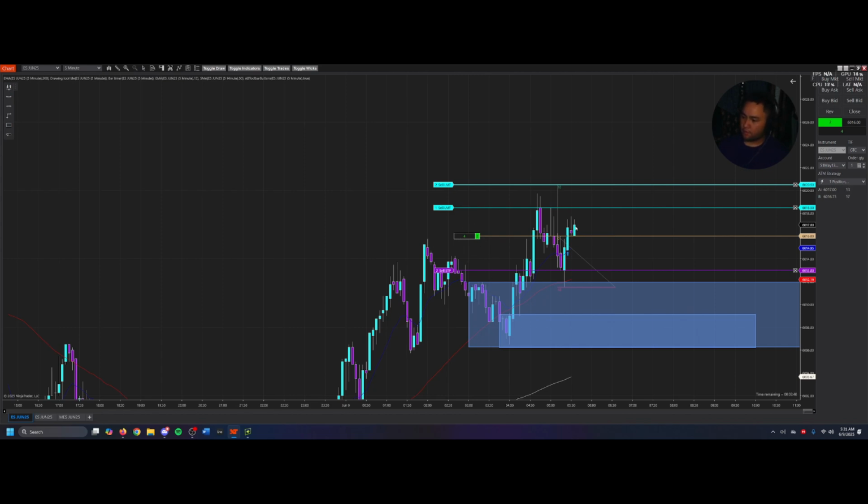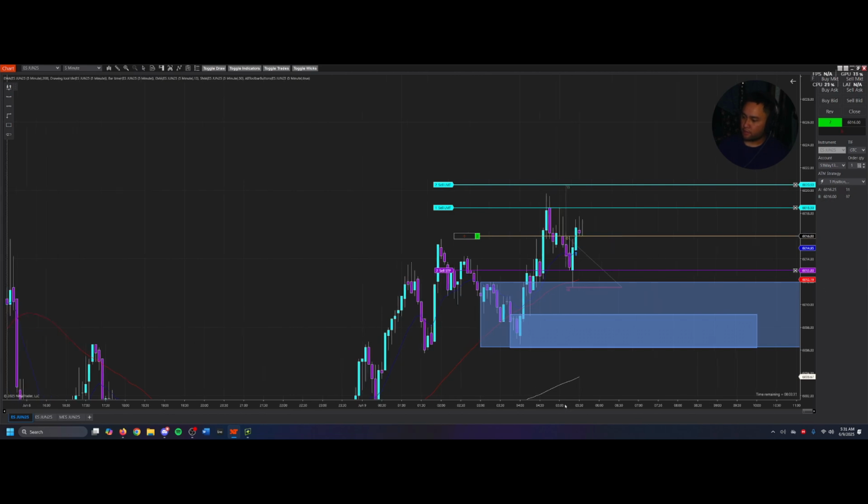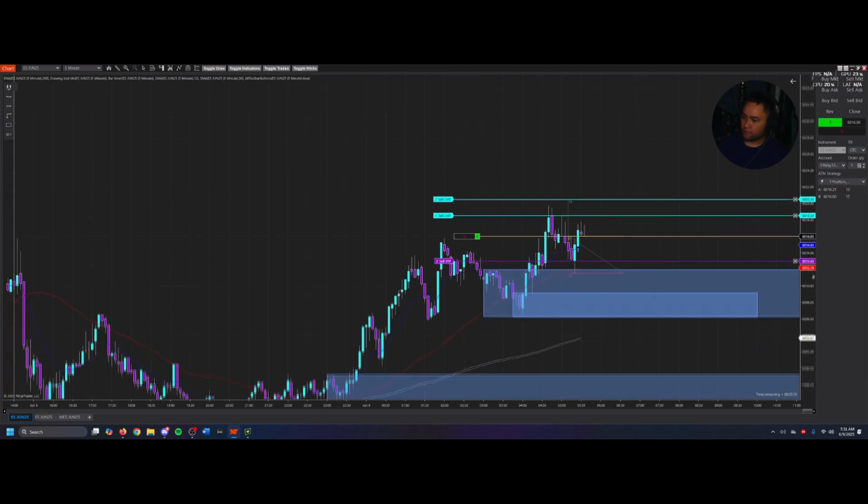It's staying right here. When we're making higher highs, it's got to make a higher high right here. Or I think it will, at least.